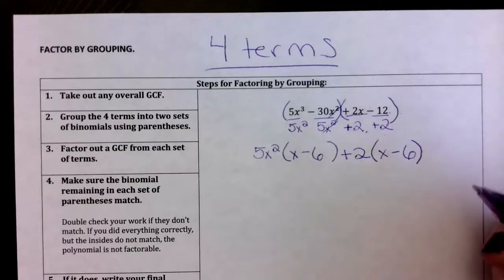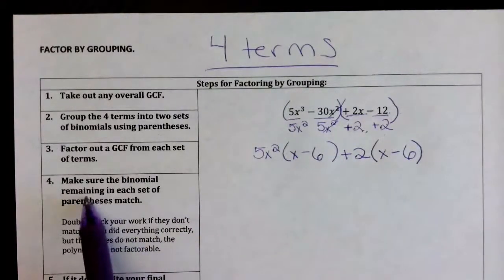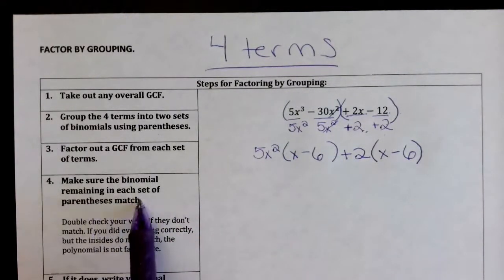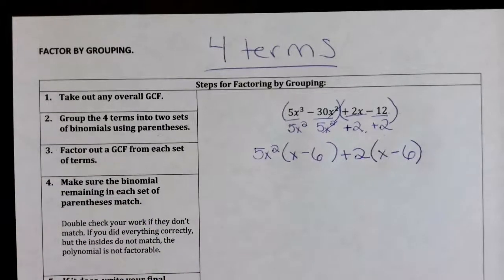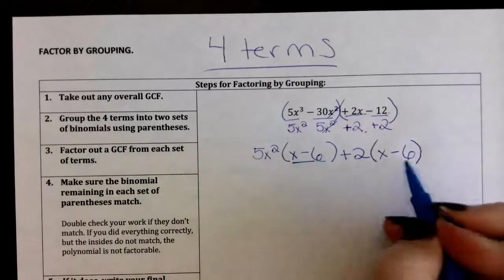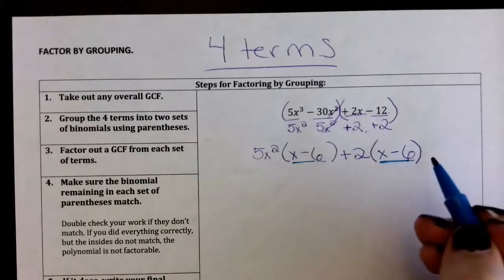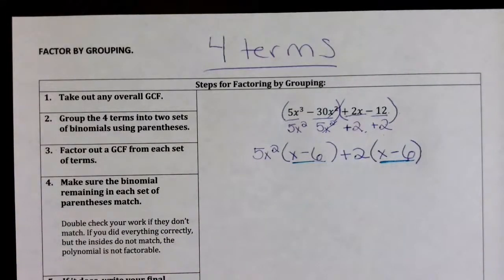In step 4, we want to make sure the binomial remaining in each set of parentheses match. What that means is this x minus 6 and this x minus 6 are the same in both sets of parentheses. It is the greatest common factor.